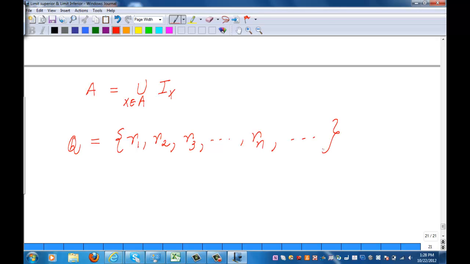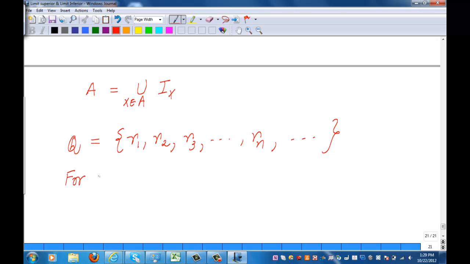This is a one-to-one correspondence between the counting numbers and the rational numbers. Now, let's do the following.